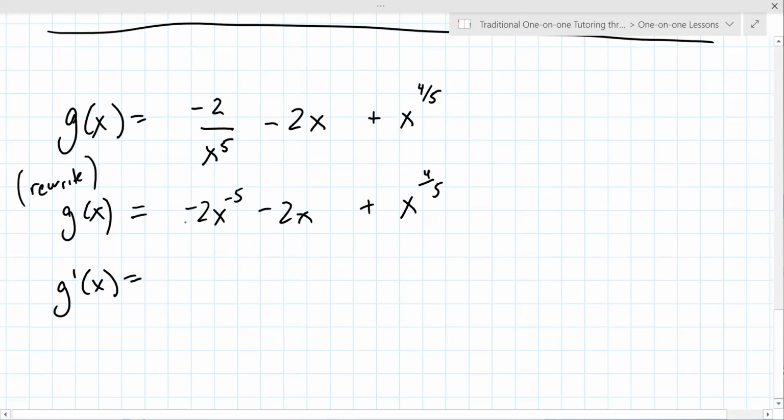So no, this is gonna be 10x to the power of negative 6. Okay. Negative 2. Okay. Plus 4/5 x to the power of negative 1/5.